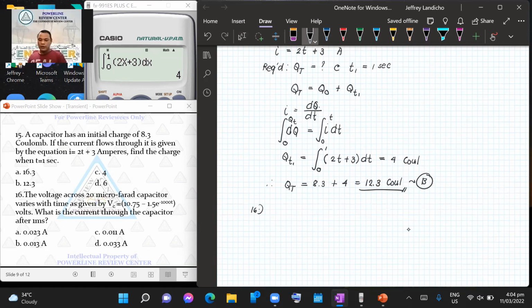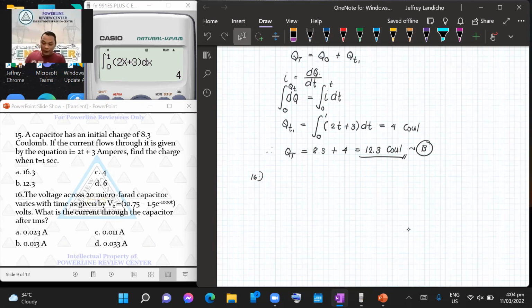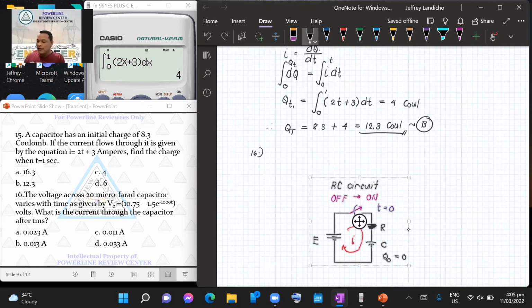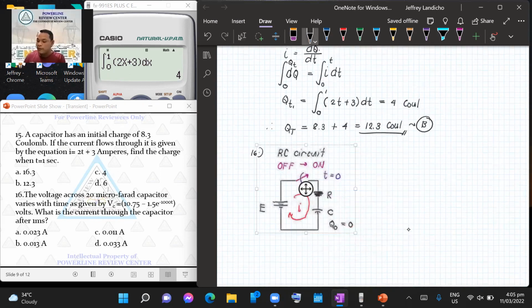Voltage across a 20 microfarad capacitor varies with time as given by 10.75 minus 1.5 e raised to negative 1000 t volts. What is the current through the capacitor? So, almost the same ng previous problem. Okay? So, balikan natin from off position, i-on position natin.